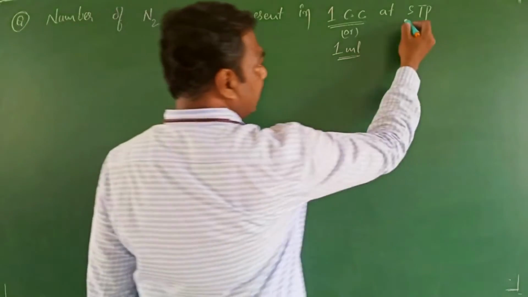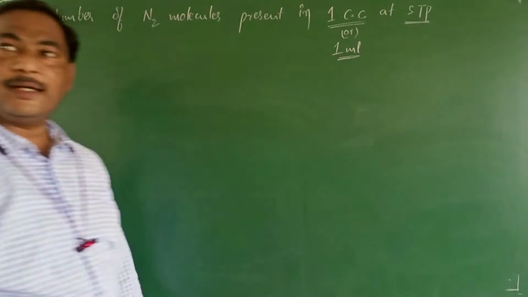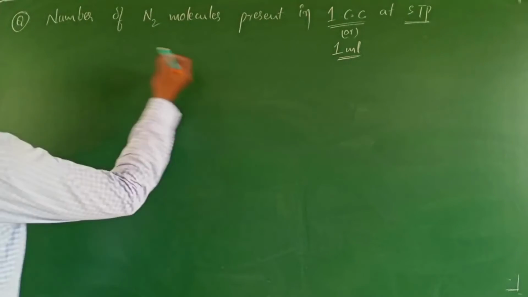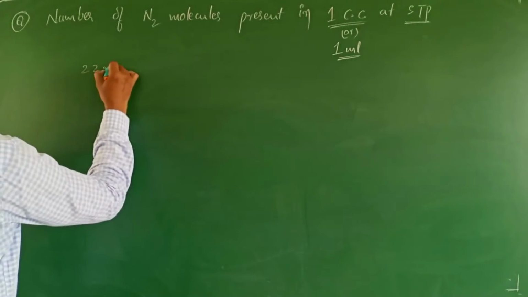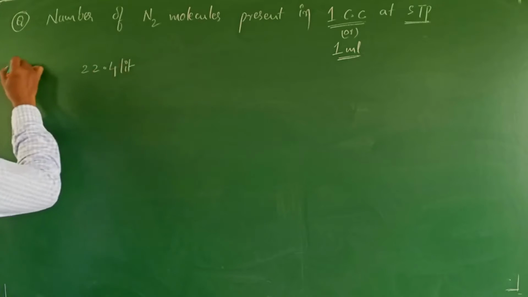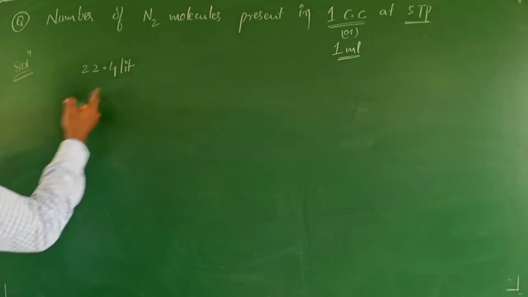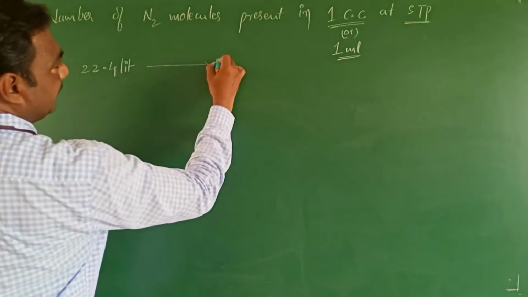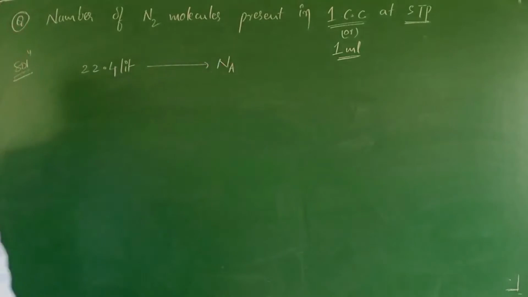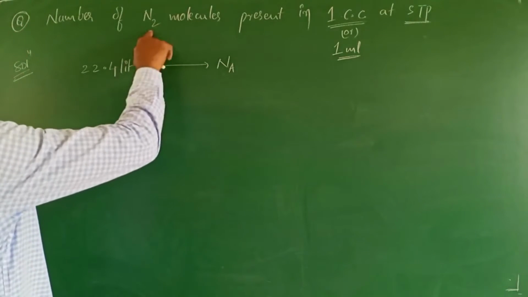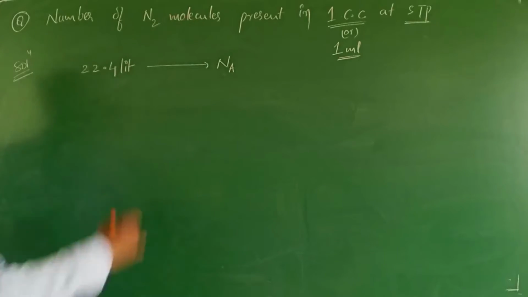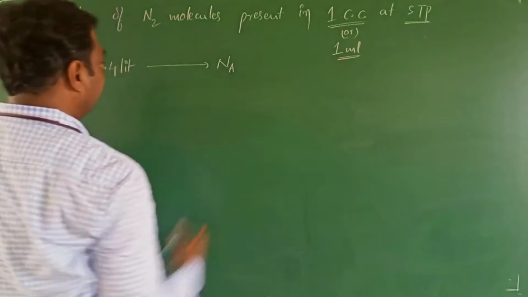And what is the condition mentioned here? That is at STP. And we know that 22.4 liters contains Avogadro number of molecules, because number of N2 molecules is asked, right? But here it is in ml.